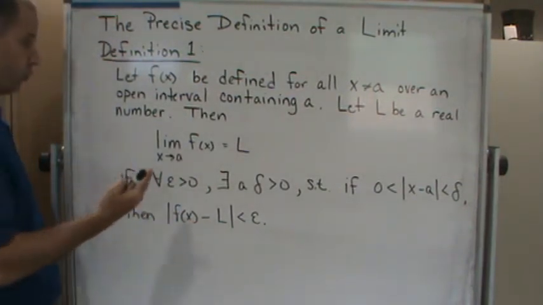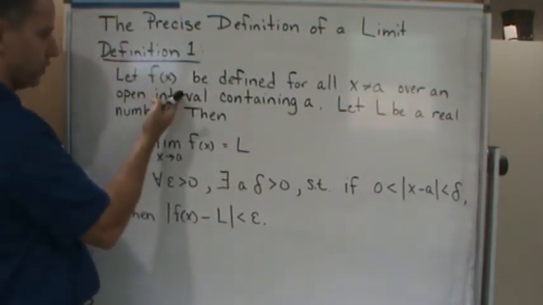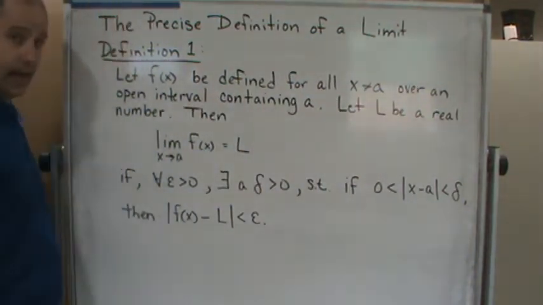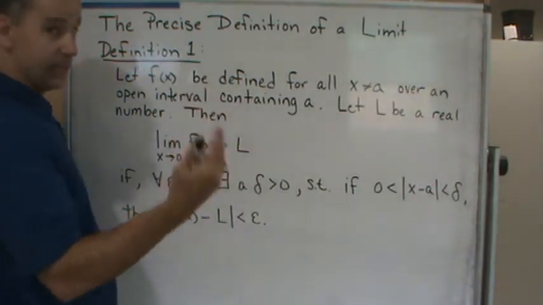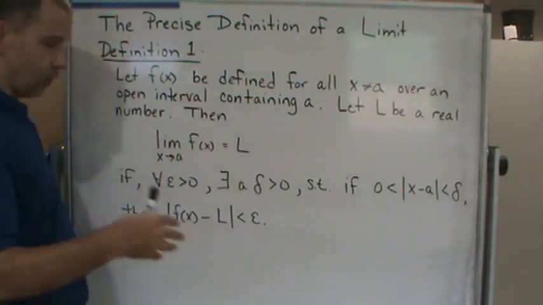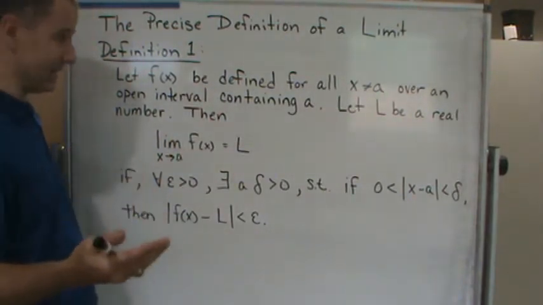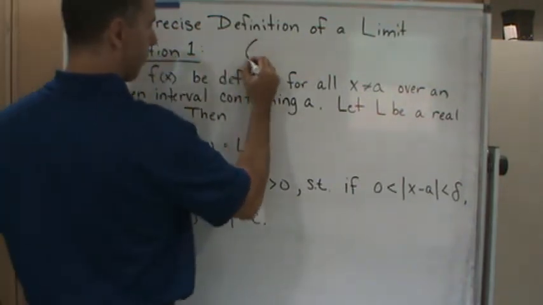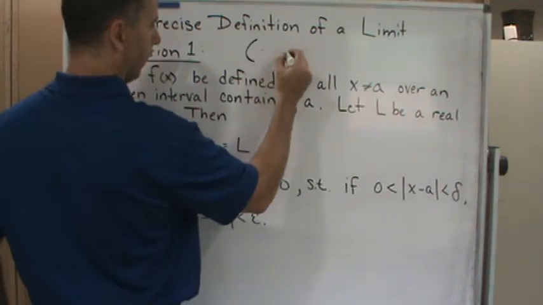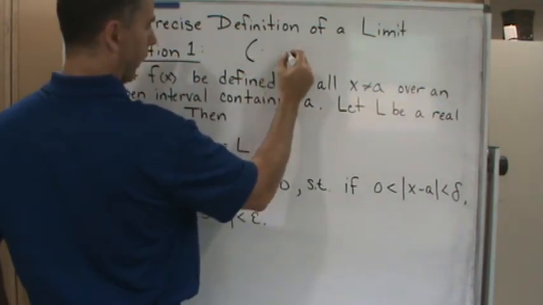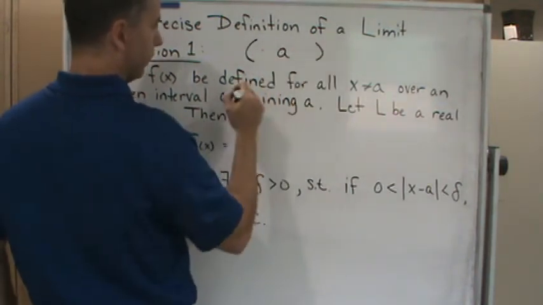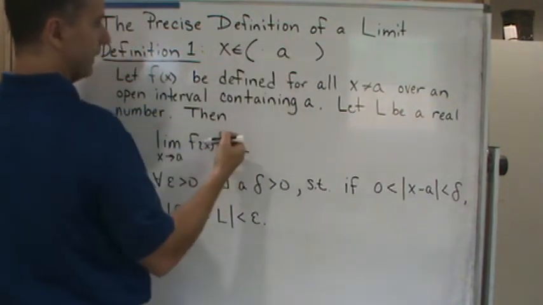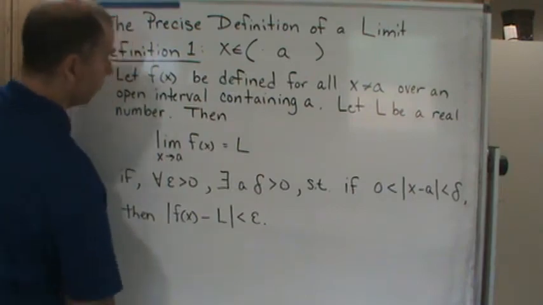So we're saying, let the function f of x be defined for all values of x not equal to a over an open interval that contains a. Meaning we've got some open interval where a is in the interval. Some open interval that contains a, right?